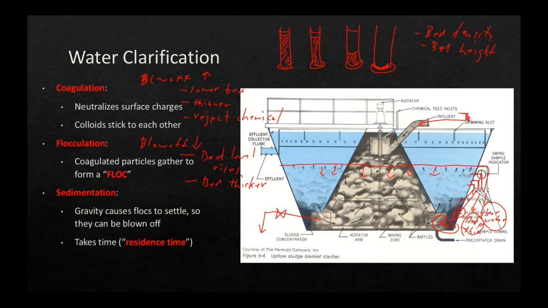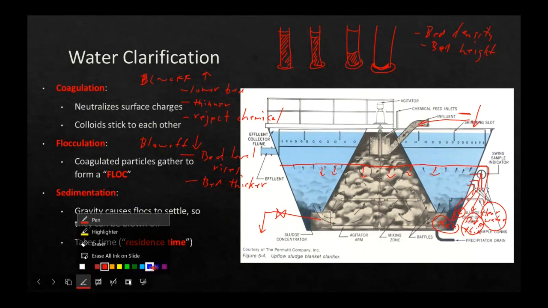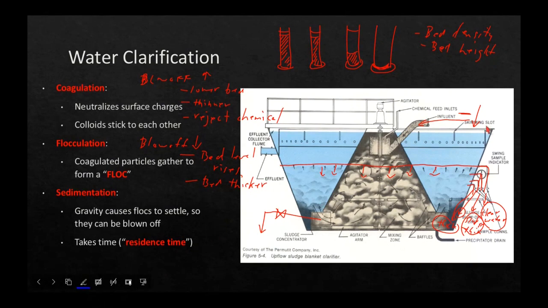So if influent flow drops, a negative change in influent flow, then the bed drops. If the influent flow goes up, then what we find is that the bed expands. And we don't want the bed to expand so much that we start to see carryover through the weir.